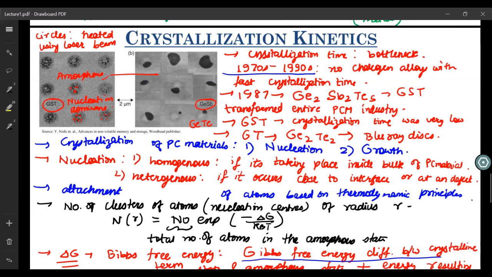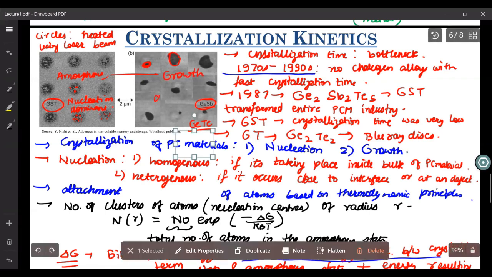And on the right hand side, if you compare it with GET or GESP, you see there is only one nucleation site, and then it has grown a lot. There is only one cluster and it has grown a lot. So this is growth dominant.